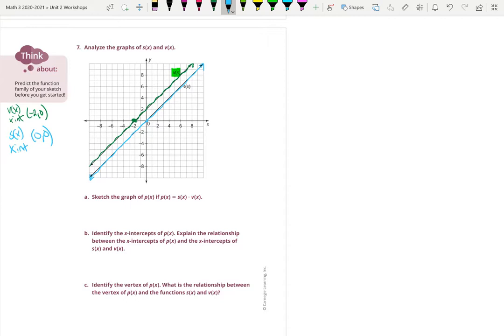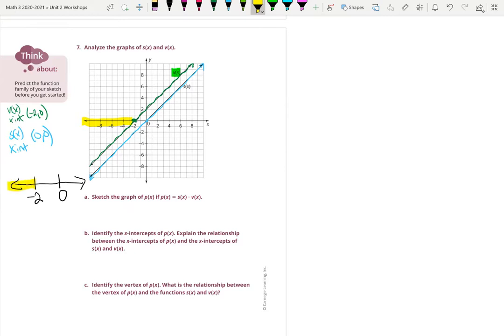In order to figure out the product, I'm going to look at the behavior of v of x and s of x. So on a number line, let's go ahead and look. My 2 points are negative 2 and 0. Let's look at the region between negative 2 and negative infinity.